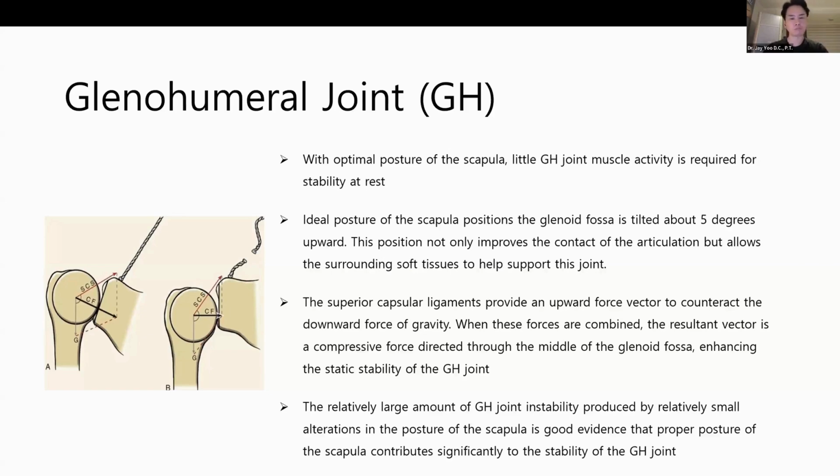So the right position of the scapula is critical to stability at rest and decreasing stress on the overall rotator cuff and the ligaments. If the joint cannot relax at rest, a stressful condition is likely to happen during motion of the shoulder. Therefore, if you have a patient with a shoulder problem, we should check the condition at rest first.